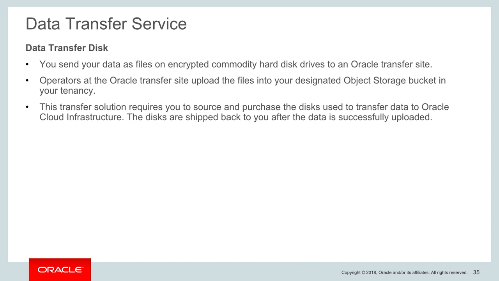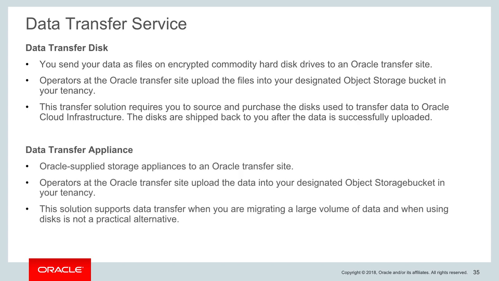There is a process that you have to go through in order to encrypt the data and put the data on the hard disk. But you can ship that over to OCI, and then we can get that data and put it on the object storage and give you access to it, right? So there's a self-service portal inside of OCI where you can create that data transfer disk and then ship the data over to us.